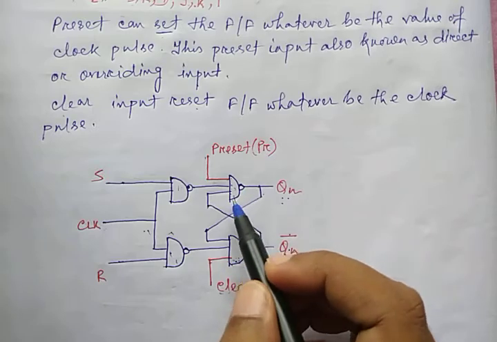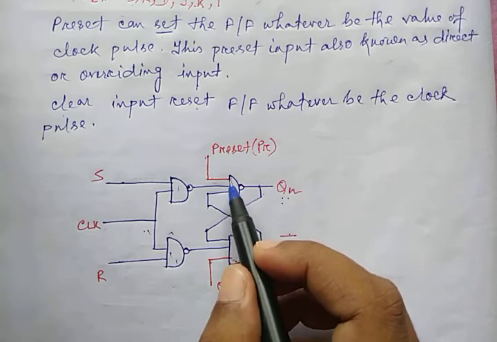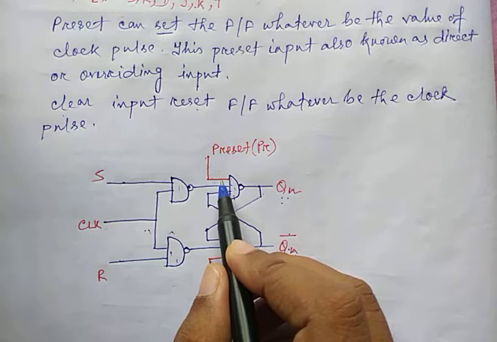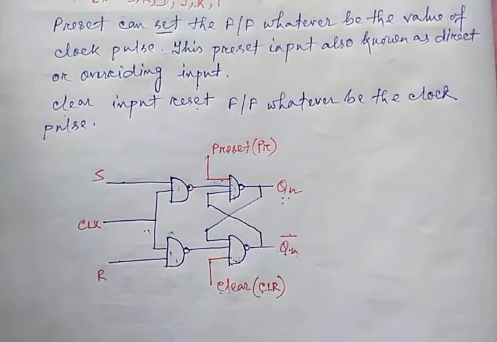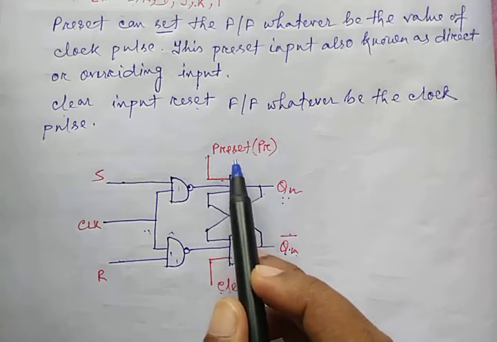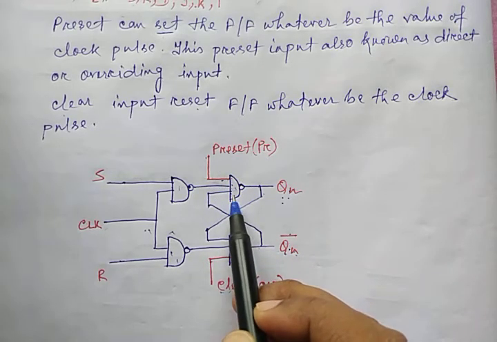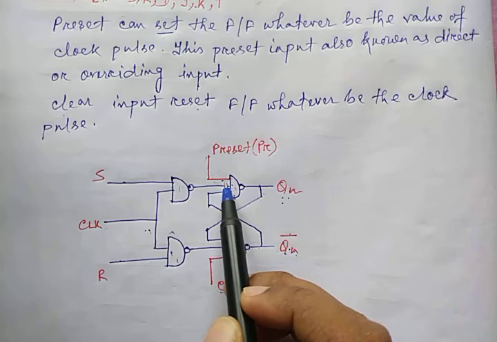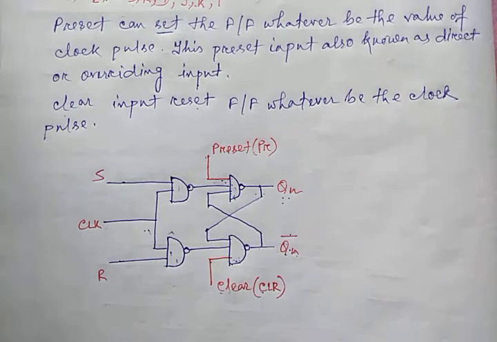In a NAND gate we know if one of the input signals is 0, then the output is 1.